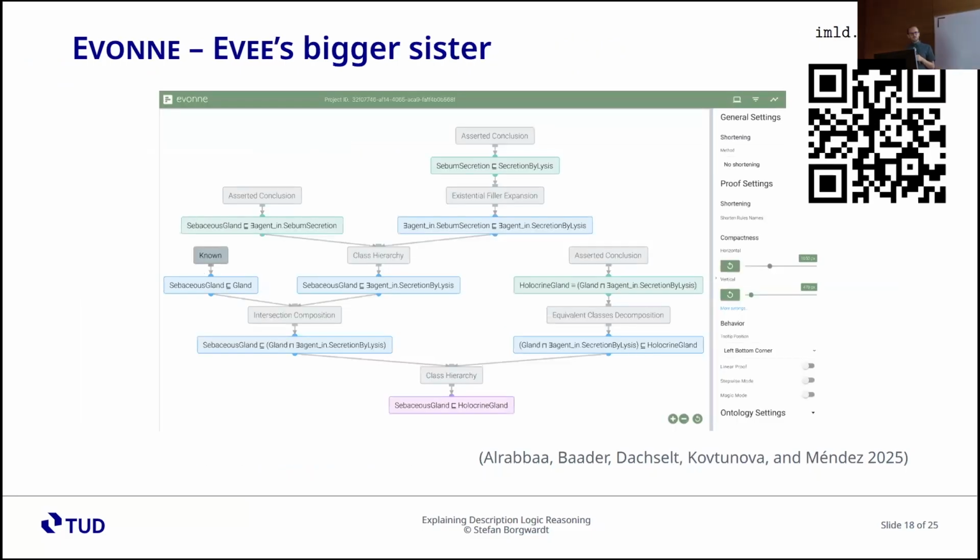Something that, again, I was not involved in, but part of this larger family is Evee. This is the bigger sister of our plugins, which was developed in cooperation with human-computer interaction people, where you have a nicer visualization and also interaction methods to compress and expand the proofs however you like to explore them.